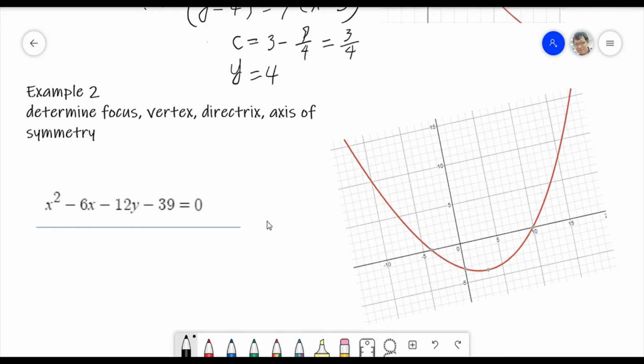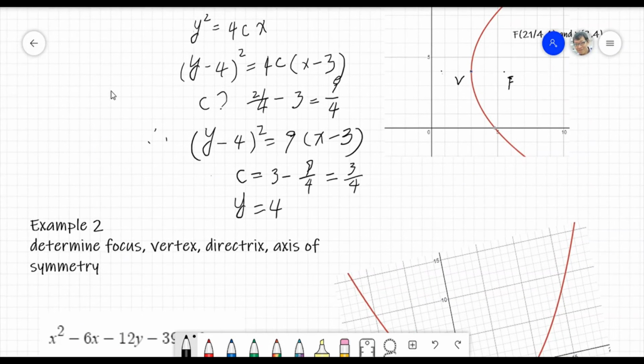This definitely is not a standard equation, right? Even from the equation, you are not sure what it is, right? So what do they ask? Determine the focus, vertex, directrix, axis of symmetry. So definitely this should be the graph, right?